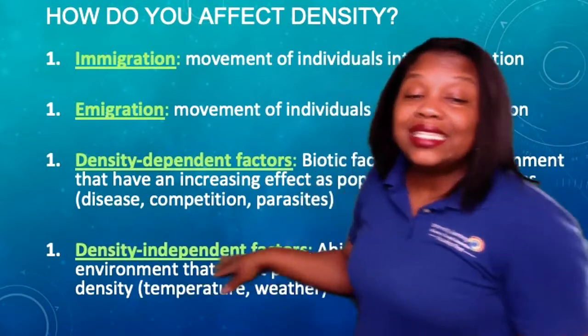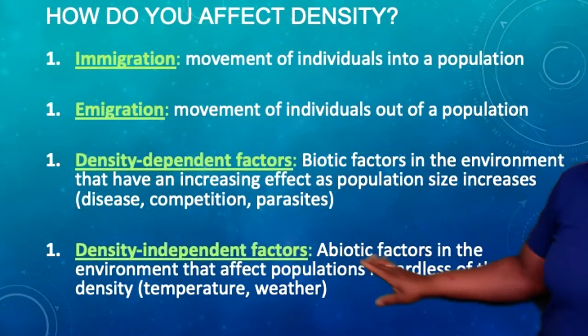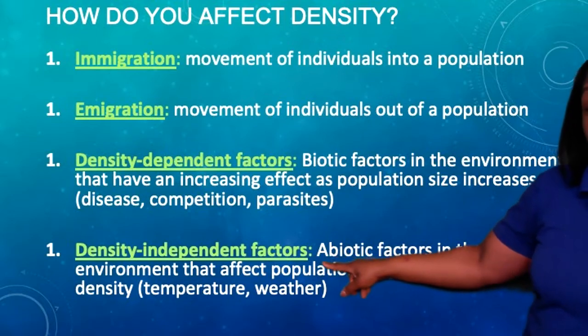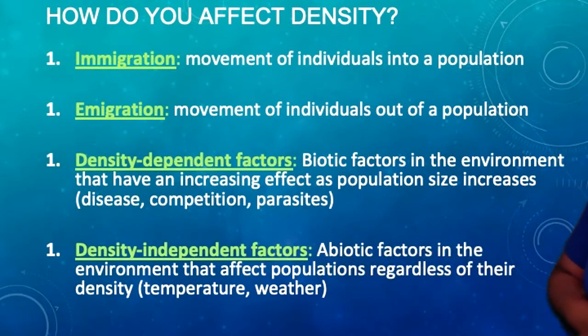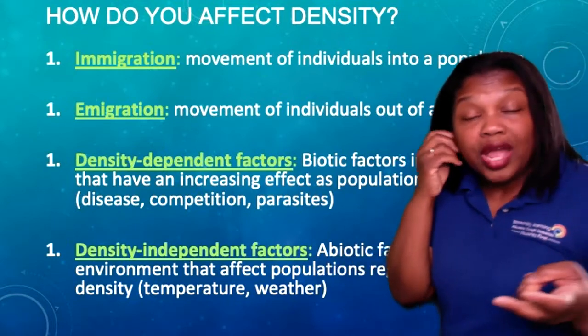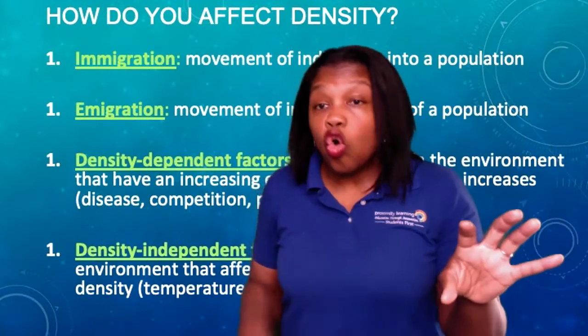Okay, density-independent factors, things that we can't help. Abiotic factors, so they're not living things. Abiotic factors will be things that are regardless of the density, like temperature and weather. It doesn't matter if there are 1 million people or 2 people.